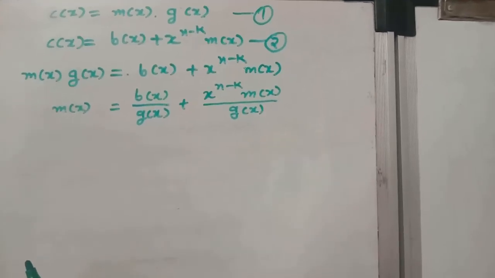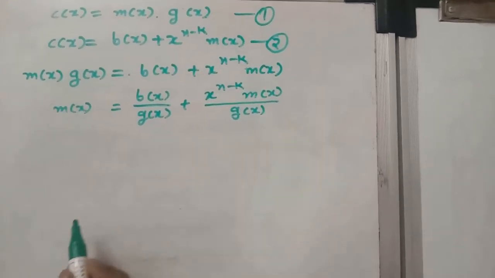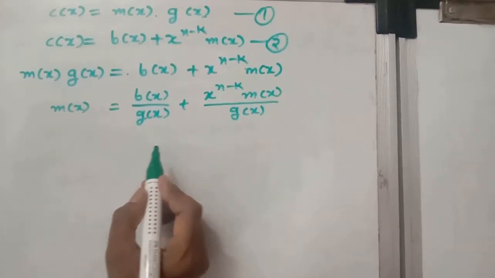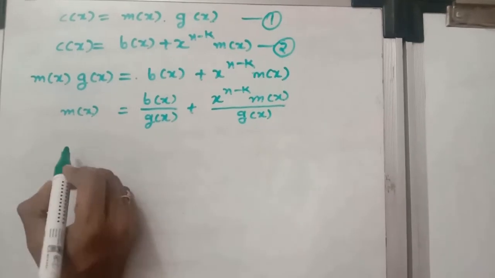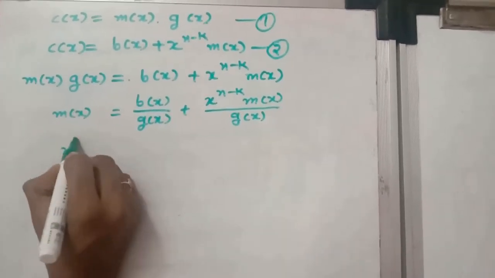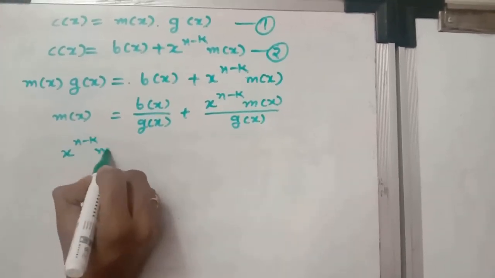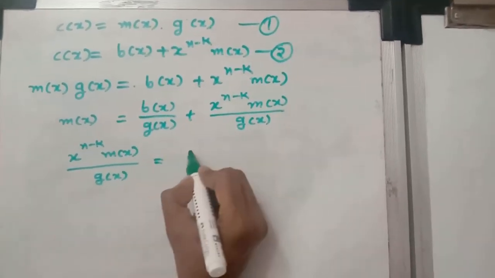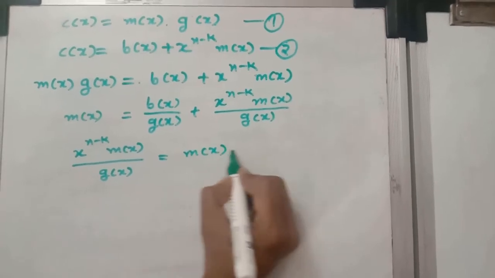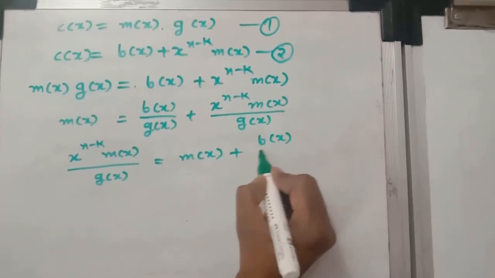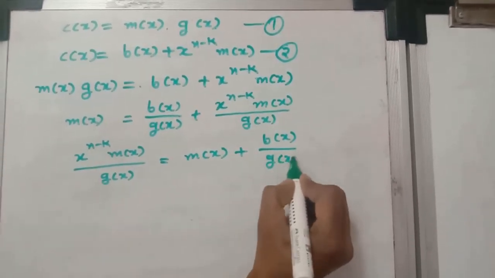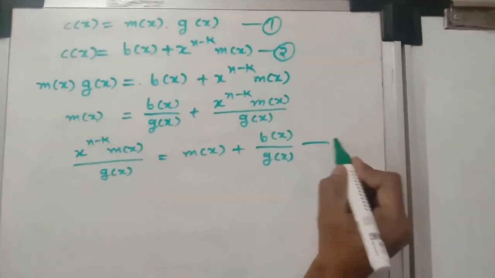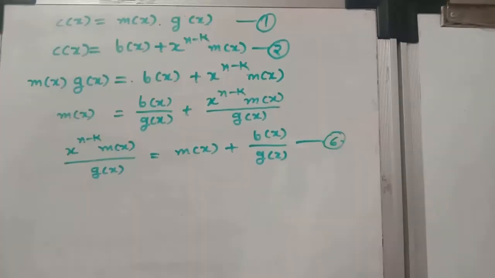But we can equivalently use the modulo 2 addition here, and this equation can be written as x raised to power n minus k m of x by g of x is equal to m of x plus b of x by g of x. This is a very important equation. We can name this, suppose, equation number 6.